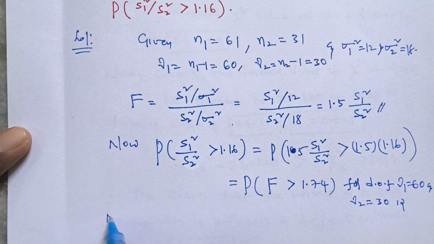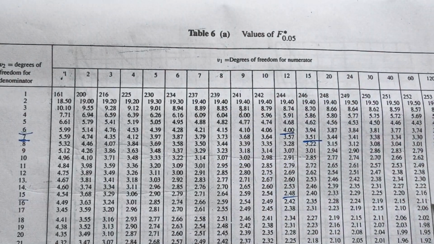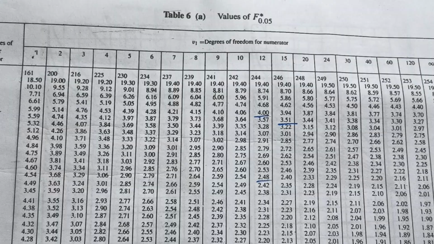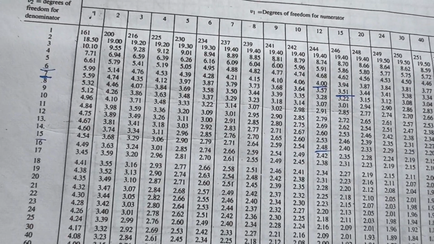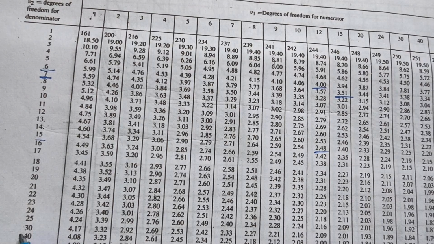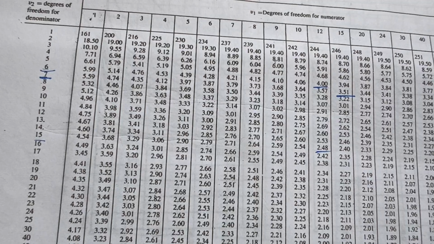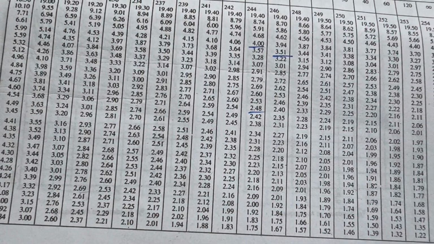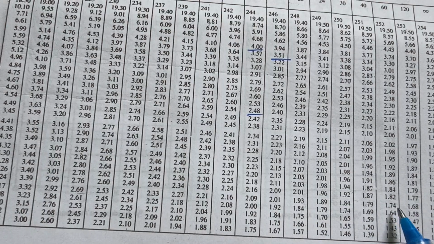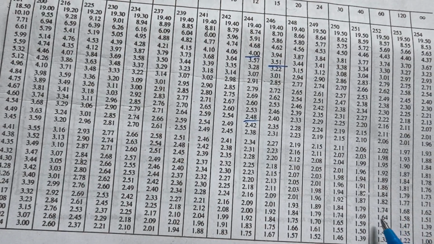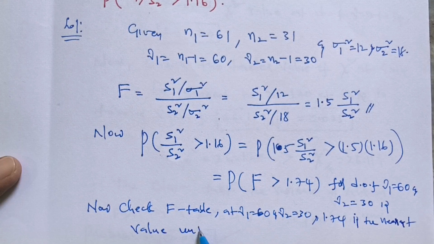For degrees of freedom Nu1 equals 60 and Nu2 equals 30, now check the F distribution table. This is the Nu1 value, that is 60, and this is the column representing the Nu2 value, 30. The intersection value of these 2 degrees of freedom in the F table is 1.74 under 0.05.